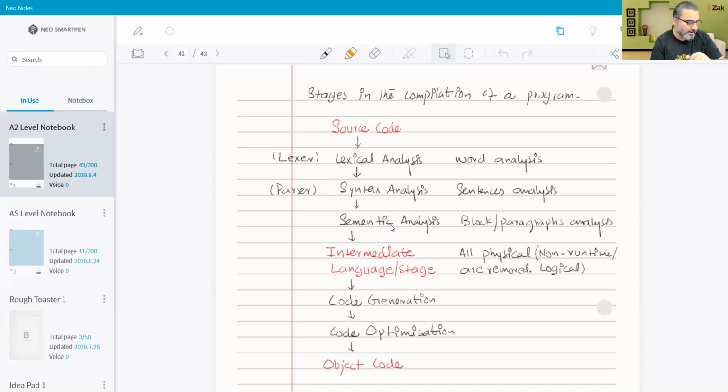All right. So the intermediate language or intermediate stage is a position where all physical errors are removed, as opposed to runtime or logical errors. Runtime errors or logical errors are those which basically appear when the program is being executed.